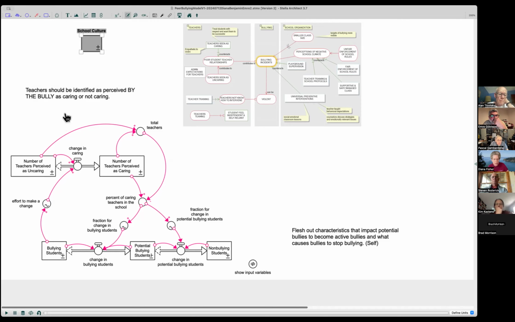That was by Kim. And then Pascal's idea that we need another section down here that is richer, probably from the self diagram that Pascal has for us, to flesh out the characteristics that impact bullies to become active and what causes bullies to stop bullying. So that would be a fleshing out underneath here for moving backwards and forwards.